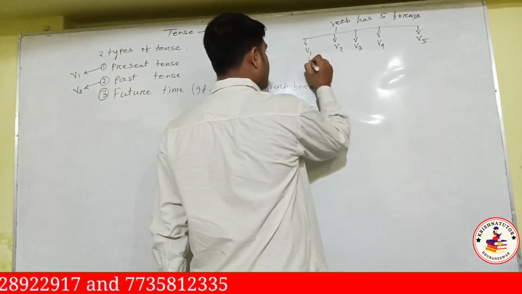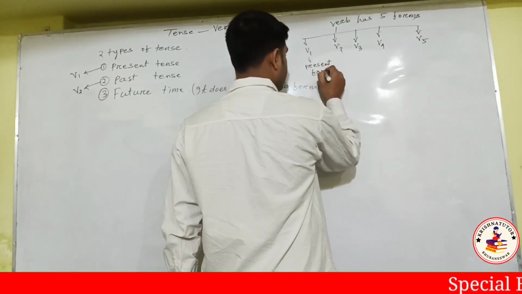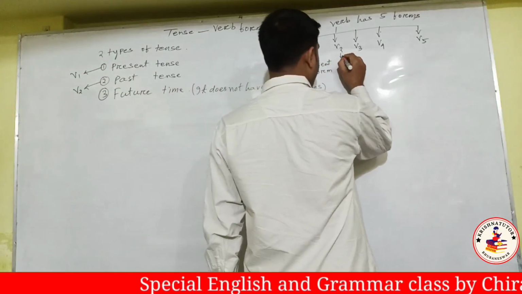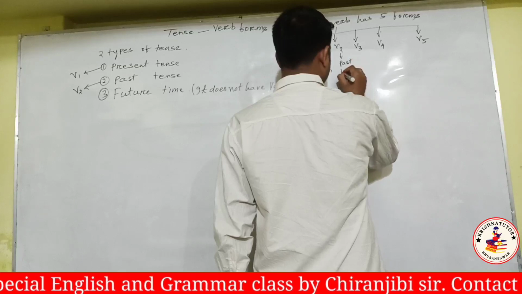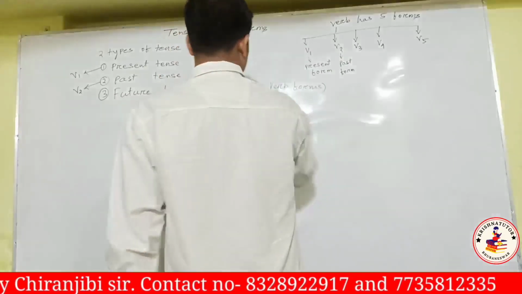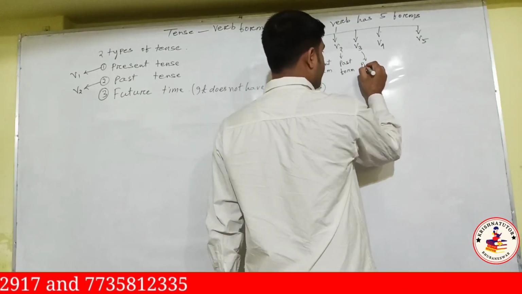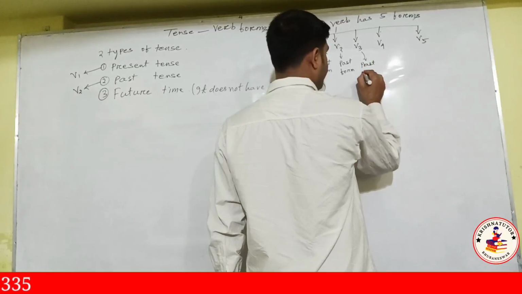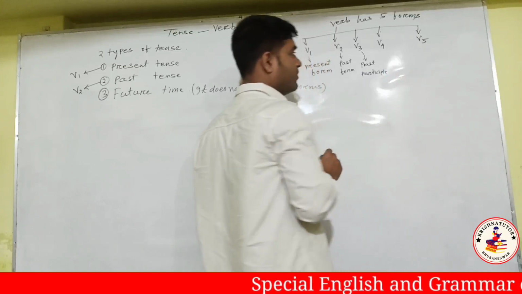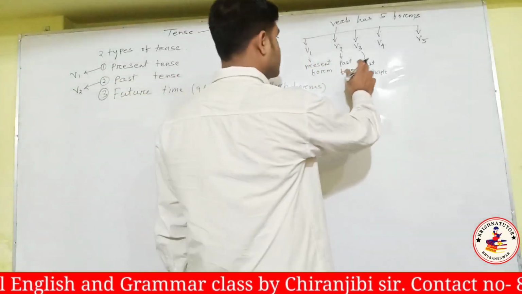So this V1 form is called present form, so it is present tense. This V2 form is called past form, so it is past tense. But this V3 form is very interesting. V3 form is called past participle form. So this is also past tense.